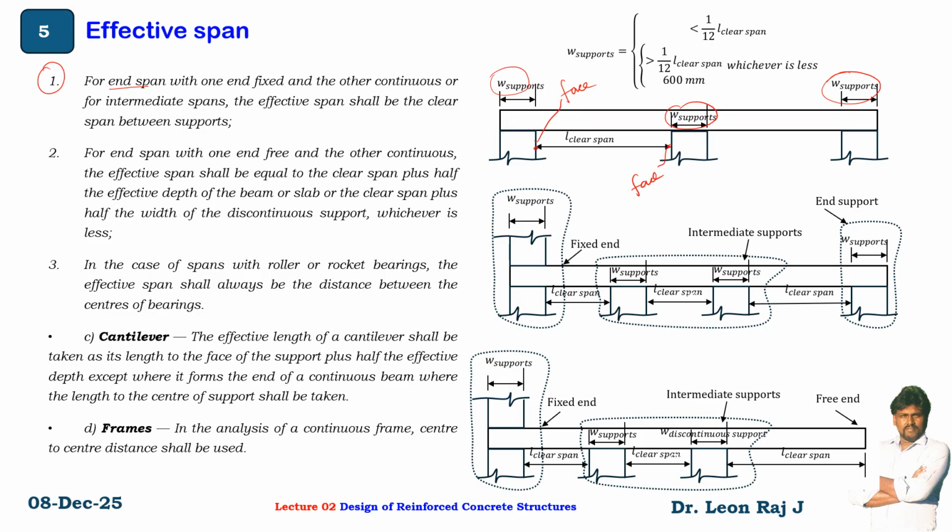is the clear span. For an end span with one end fixed, you can see the end support is fixed and the other is continuous.